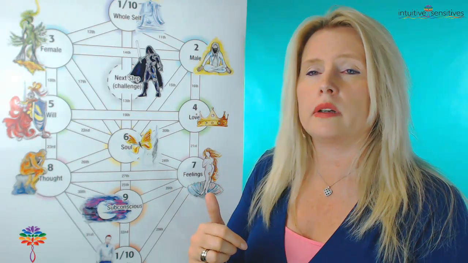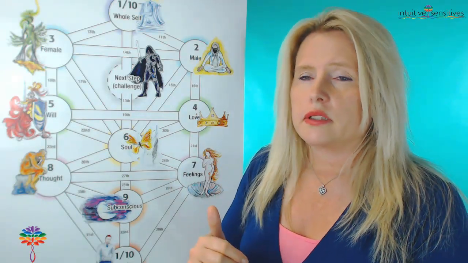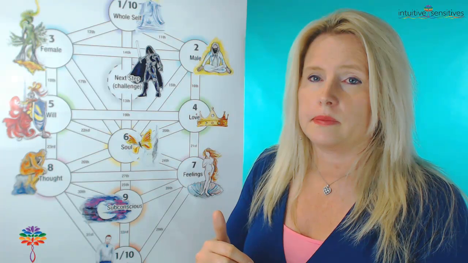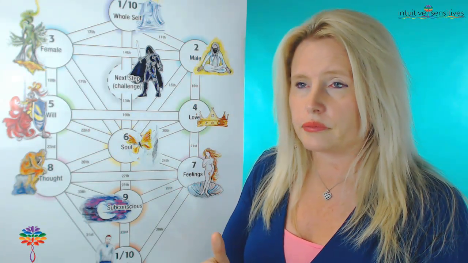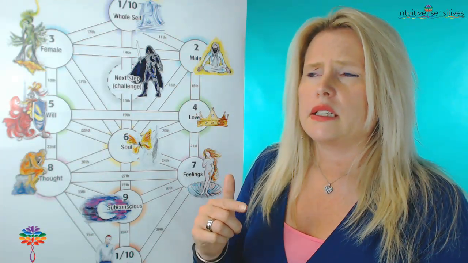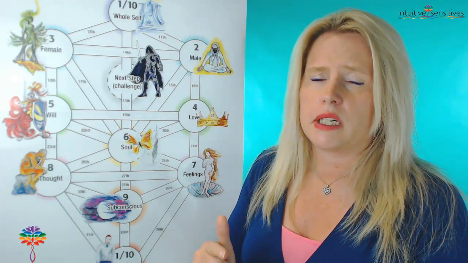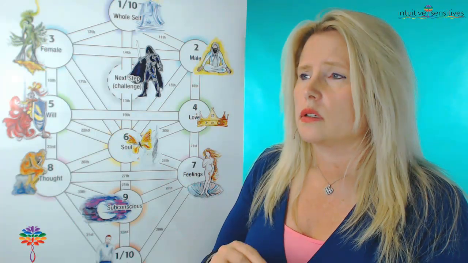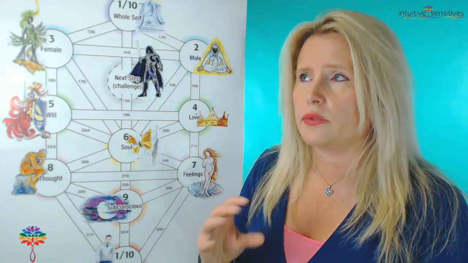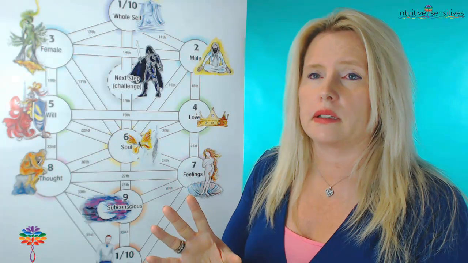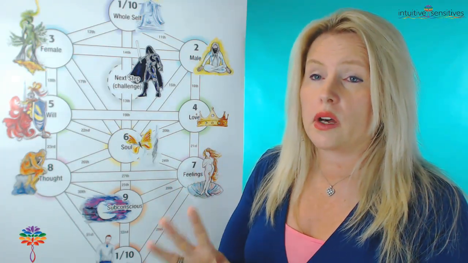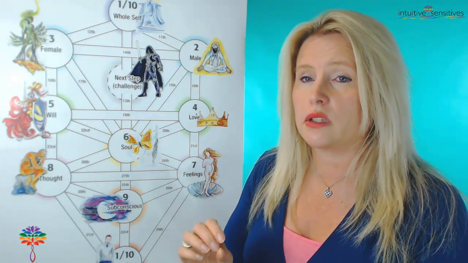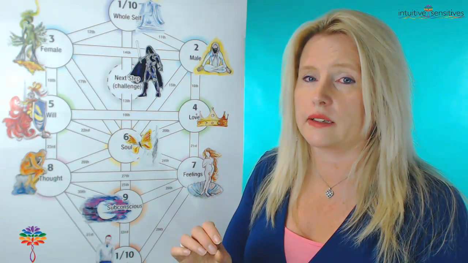Now number one, that narcissism is a fear. It's an avoidance fear. What does that mean? Well, narcissism is an elaborate way of hiding an extremely strong fear of failure.